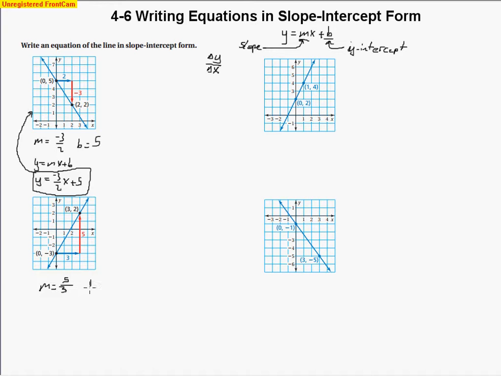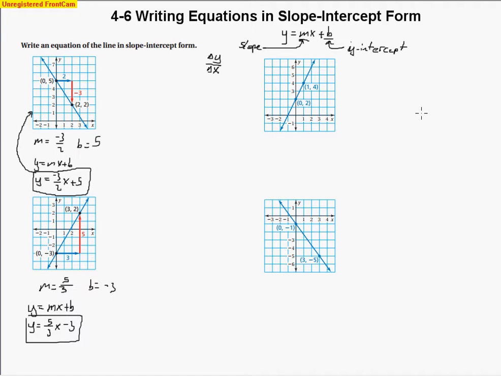Now I see that the y-intercept is this time underneath the x-axis, so it's negative, so it's a -3. That's where it ends up crossing that y-axis. So when I rewrite the equation, again, I'm just putting it into that slope-intercept formula, and I'm left with y equals 5/3 x minus 3 this time.